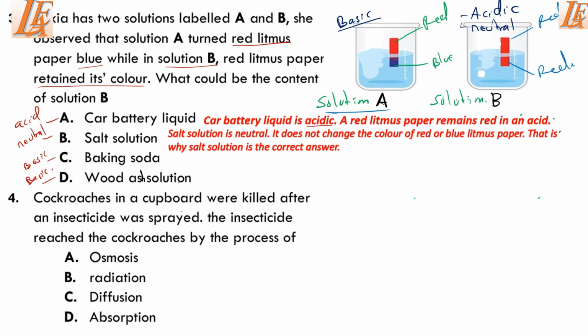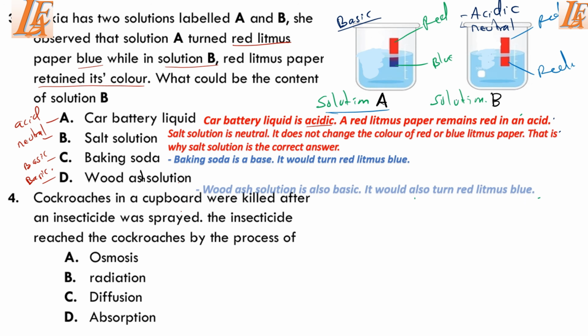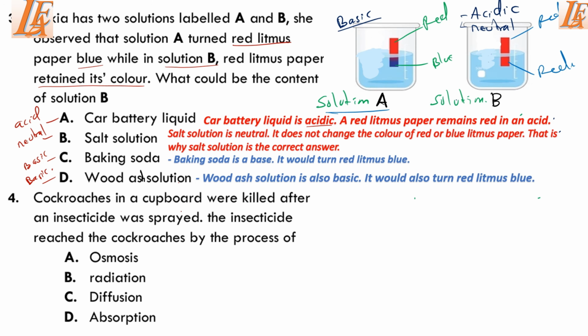Then C is basic, and in this case, it can never be solution B. It could have changed the red litmus paper to blue. Then D is also basic, and it could have changed the red litmus paper to blue. But for solution B, the red remained red. Therefore, the correct answers are A, that is a car battery liquid, and B, which is a salt solution, which is a neutral substance.